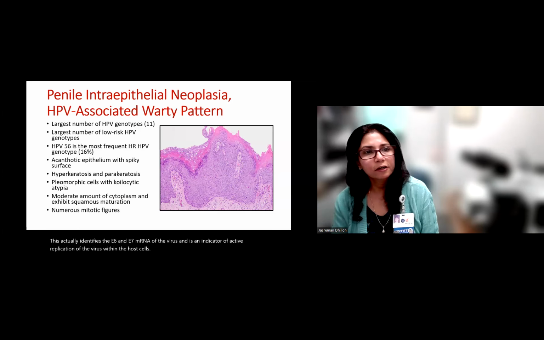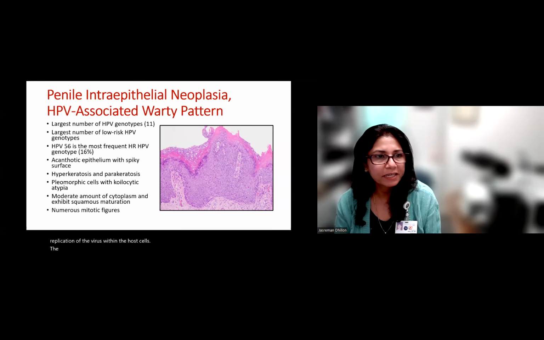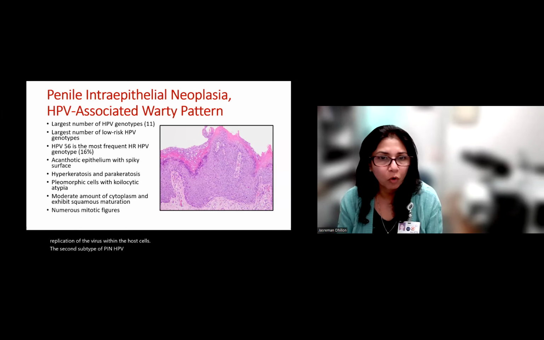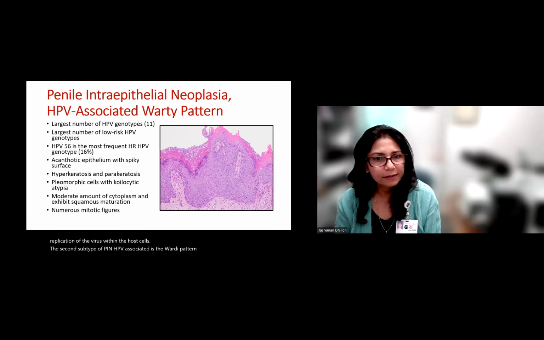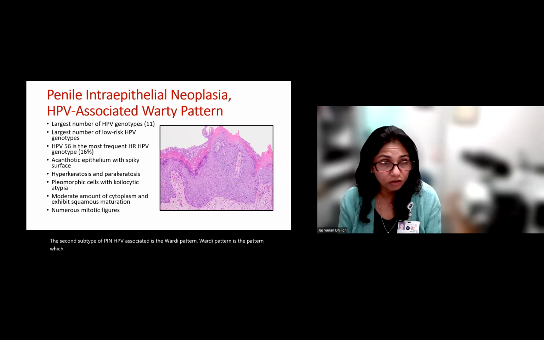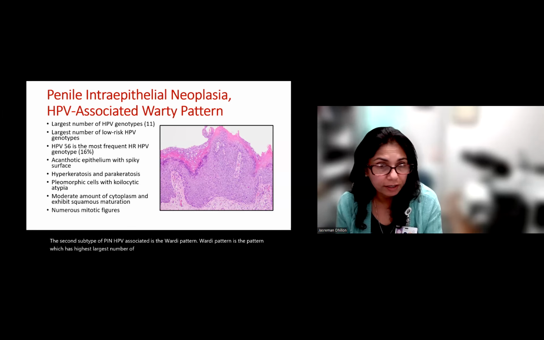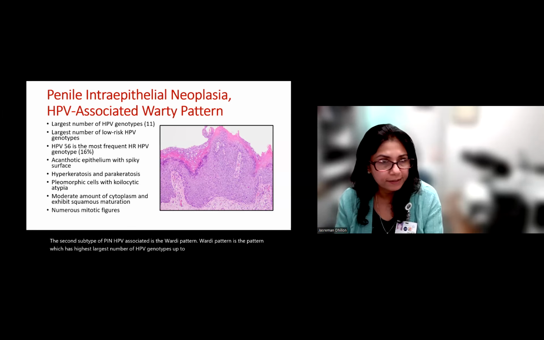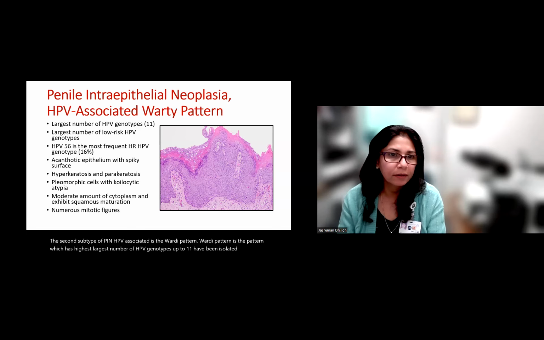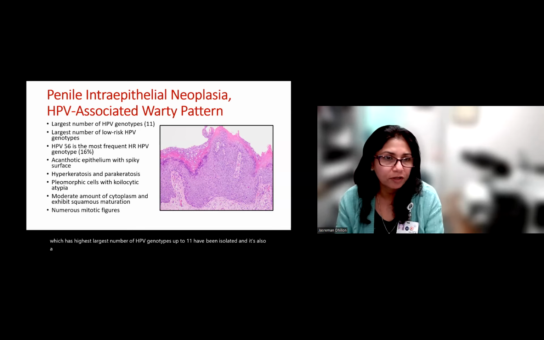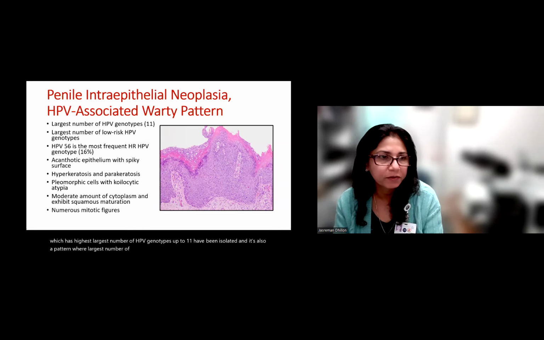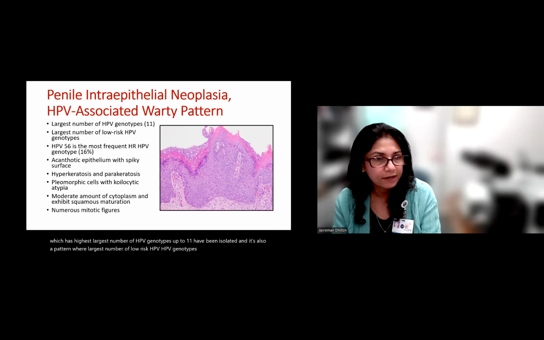The second subtype of HPV-associated PEIN is the warty pattern. The warty pattern is the pattern which has the largest number of HPV genotypes. Up to 11 have been isolated, and it's also the pattern where the largest number of low-risk HPV genotypes have been isolated.